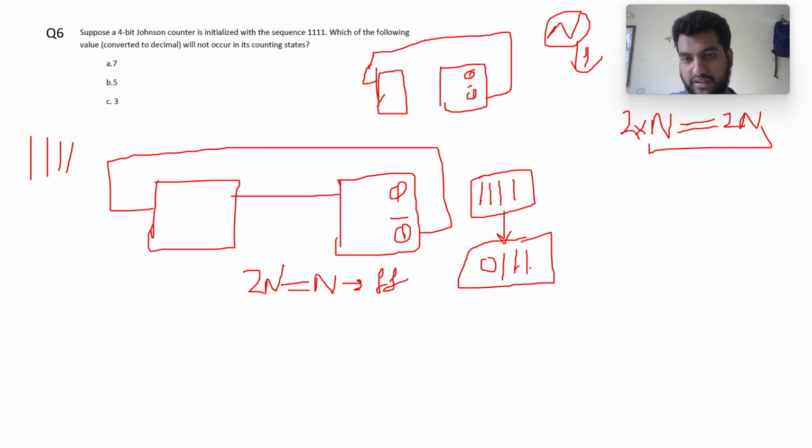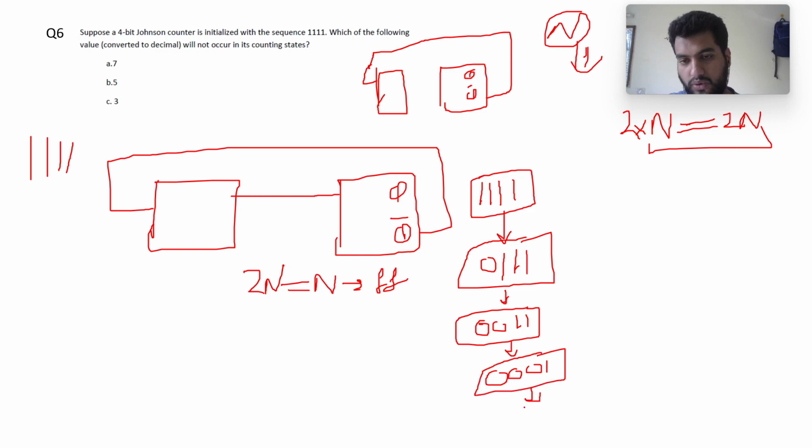Then again a 0, because we are taking complement, so it will be 0011. Then it will be 0001, and then it will be 0000. Now this Q is 0 and Q bar will be 1, so now a 1 will come here, so we will have 1000.